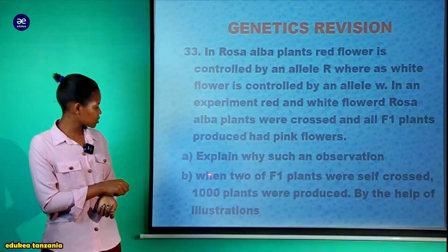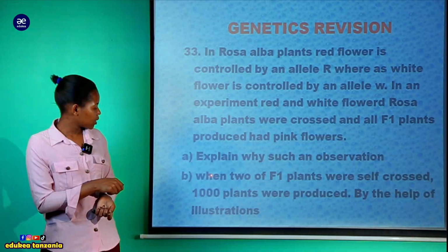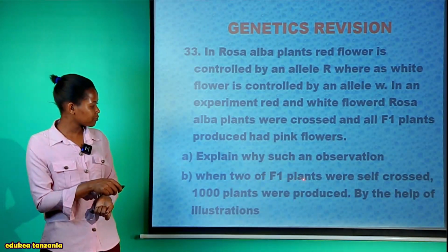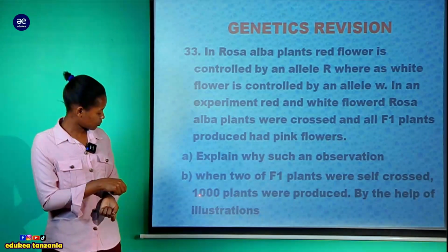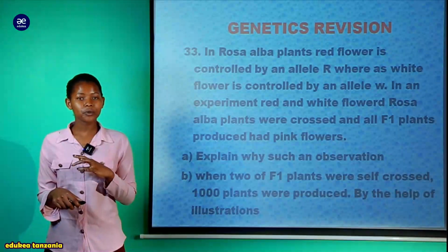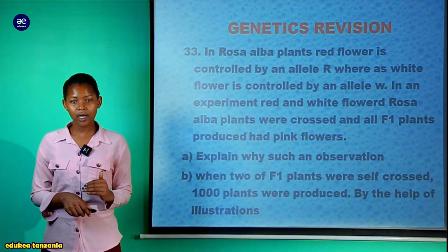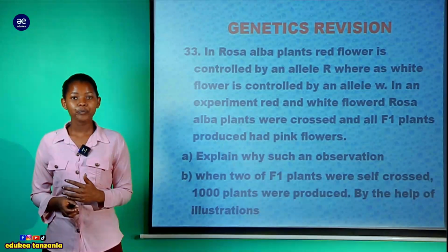As you can see here, this is all about A, and then on part B, we have been given that two of the F1 plants were self-crossed and 1,000 plants were produced. We are going to produce the F2 generation. We'll take the two offspring from F1 to produce the F2 generation by crossing them.